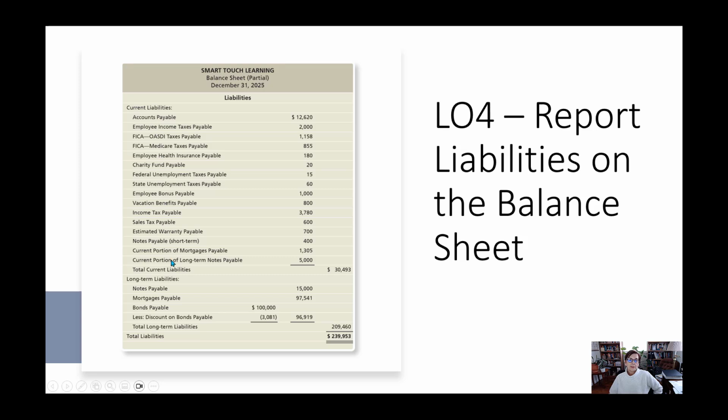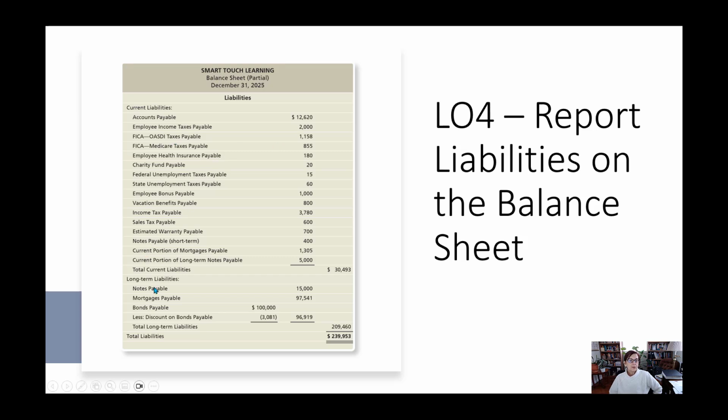Remember, current liabilities are going to be paid within a year. So all of these liabilities will be paid within a year, including accounts payable, including all of the taxes payable, right? It doesn't matter, income tax, sales tax, payroll tax. All of those taxes are not going to be able to be paid more than a year, of course, right? Taxes have to be paid right away.